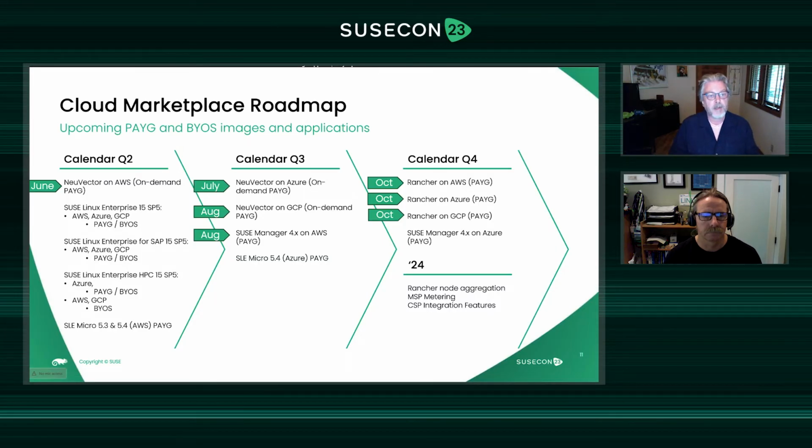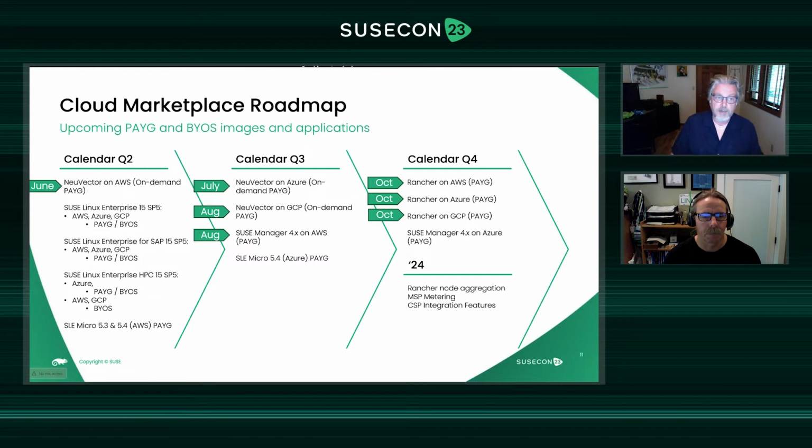That will be an on-demand version that monetizes through the Amazon Marketplace. So you'll be able to go up to the Amazon Marketplace, search for NeuVector, find this application, and install it via Helm install into a cluster and or sets of clusters, and we'll talk about how that actually works into your environment, and it will do all of the things that NeuVector does to lock down your environment. And that's happening right now in this quarter.